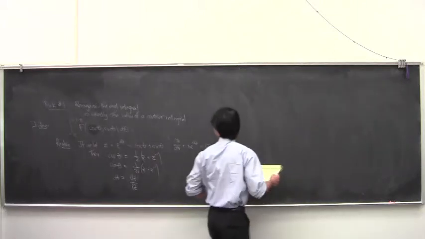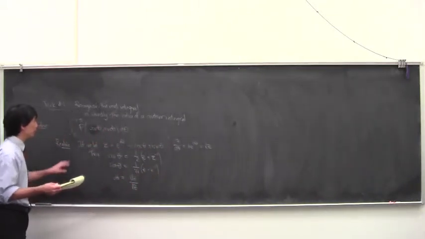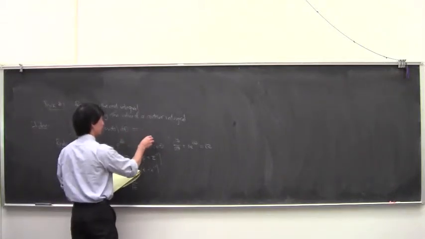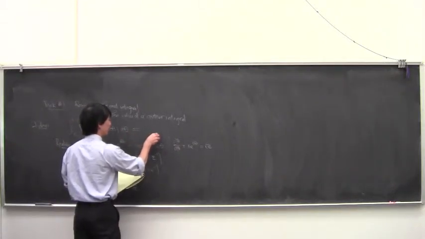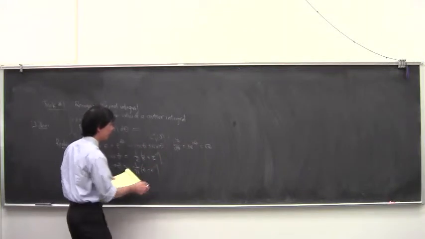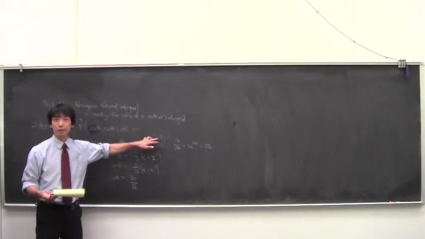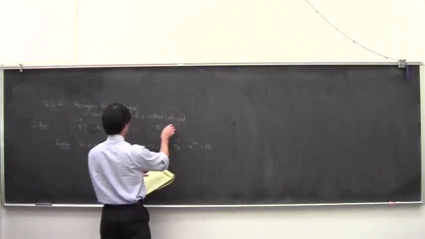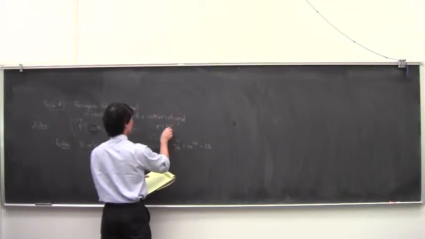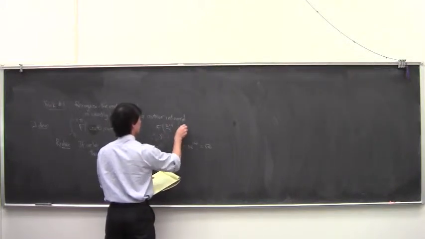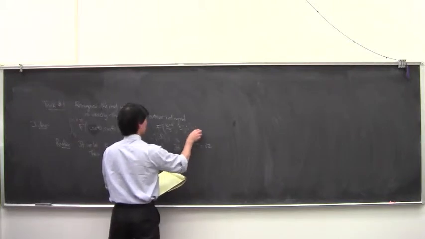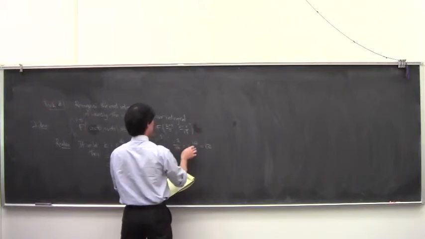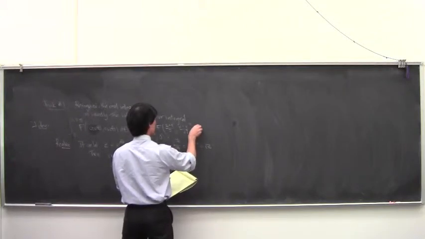You recognize that whatever this real integral is, it's what you get when you evaluate a contour integral around the unit circle of the same function, with z plus z inverse over 2 for cosine, z minus z to the negative 1 over 2i for sine, and d theta being dz over iz.